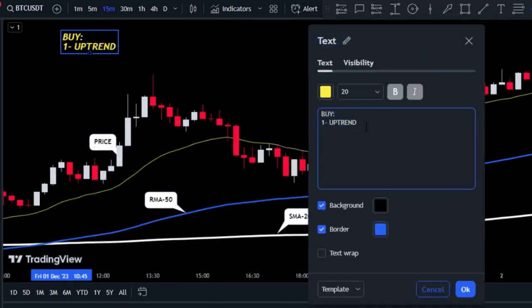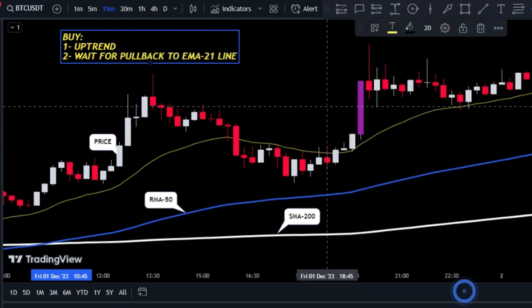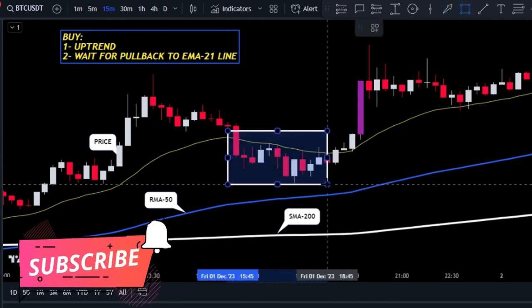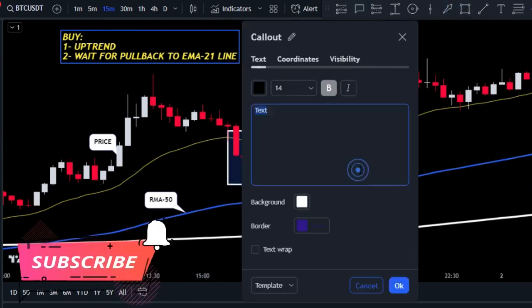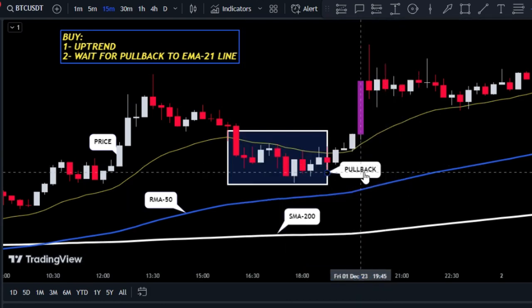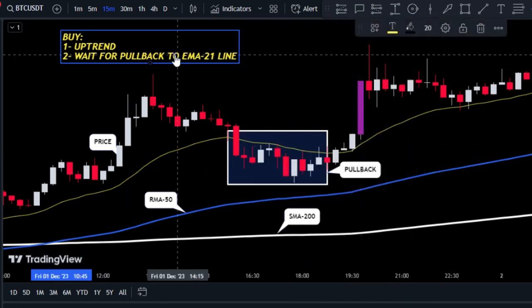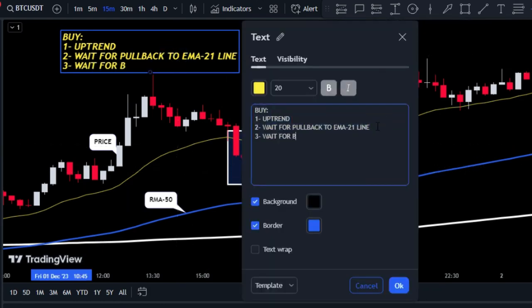After that, keep an eye out for the price to react to the EMA 200 moving average. Then hold tight for a candle to surge above the EMA 21.